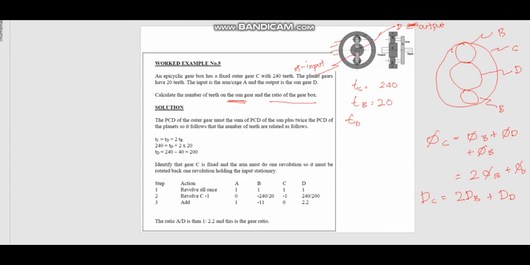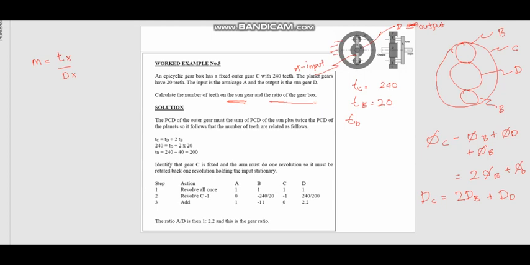If you remember, we have defined the module as equal to Tx over dx, right? For gears that mesh together, the module is the same.